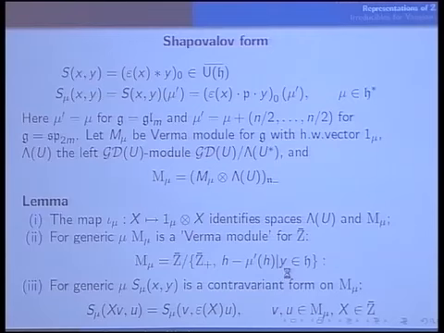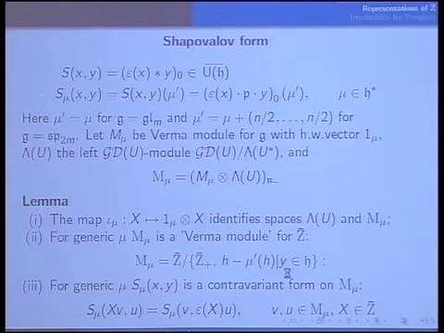Moreover, we can evaluate this product at a certain point of the dual of the Cartan subalgebra. It's convenient for the symplectic algebra to shift this weight a bit by n over 2.